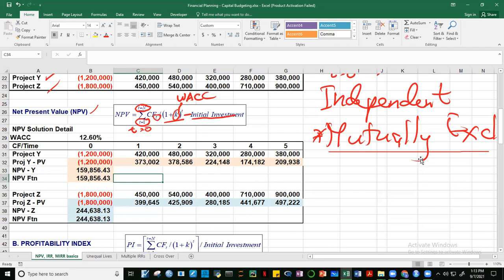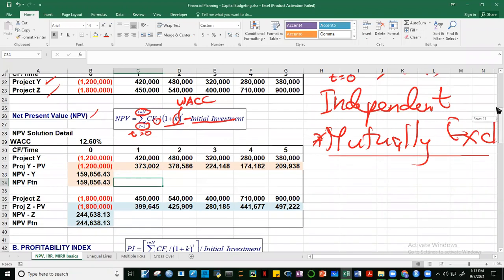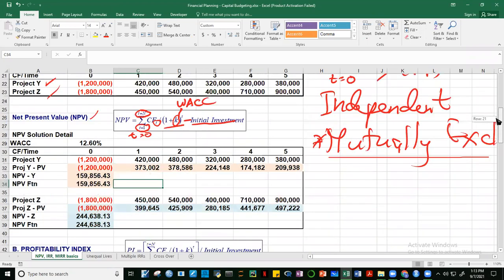How will we choose? We will rank them according to NPV, and then choose whatever the budget can cover. But if they're mutually exclusive, we have no problem. Automatically, Project Z is the one we will use, because we can only pick one. Is that clear, guys?